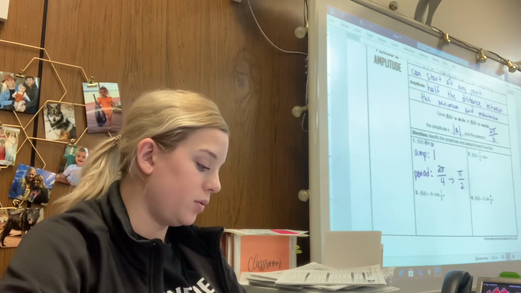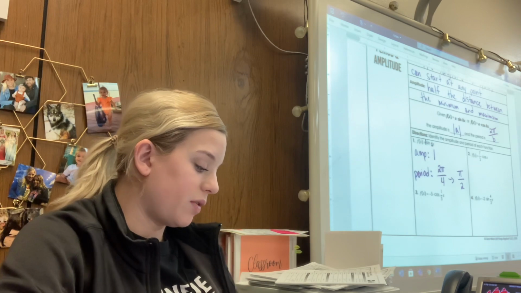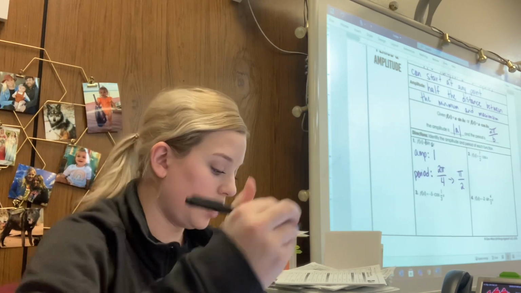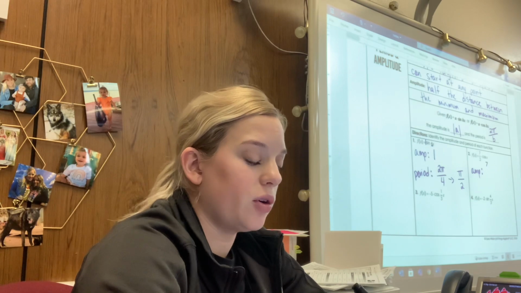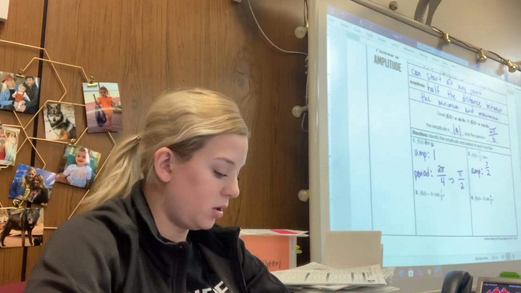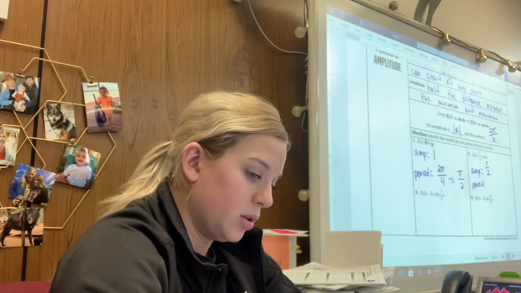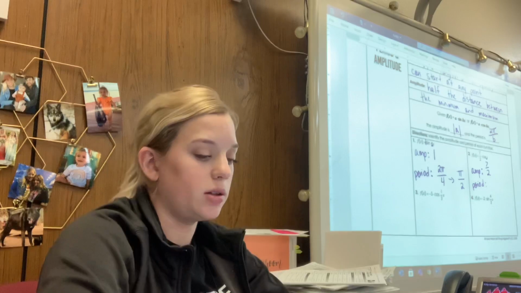On number 2, we're given f of x equals 7 halves times cosine of x. So our amplitude is what? Your 7 over your 2. And your period here, this time, b is understood to be 1 because there's not anything in front of x, right?